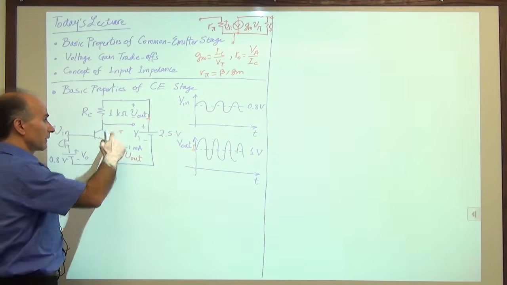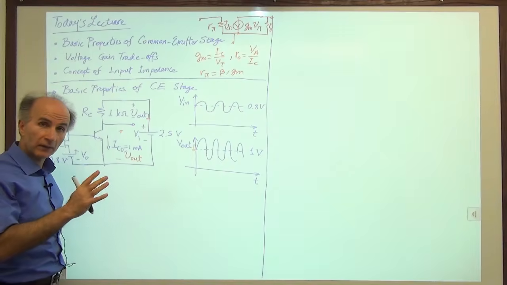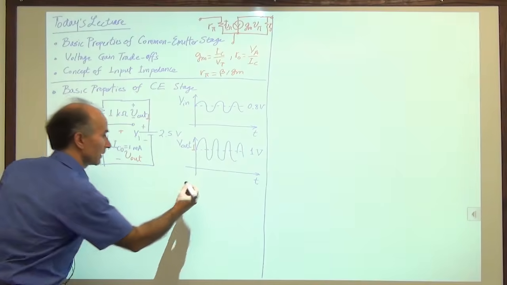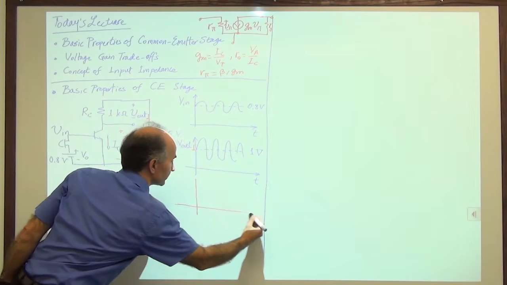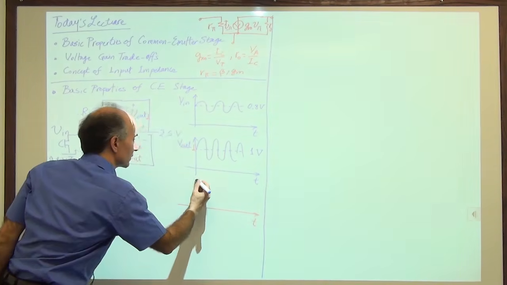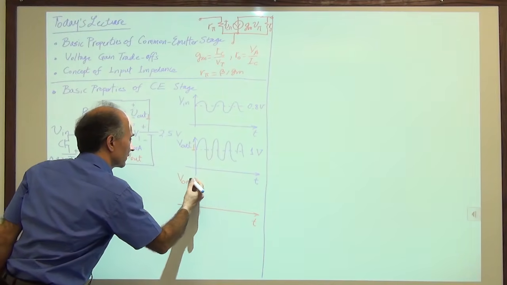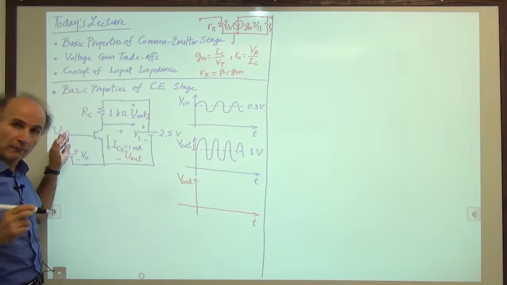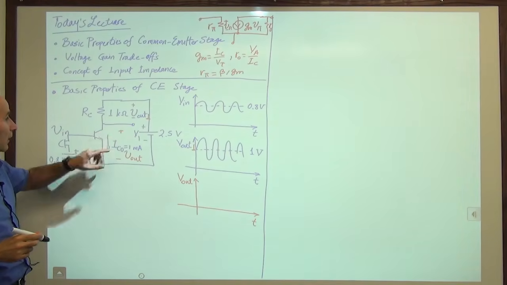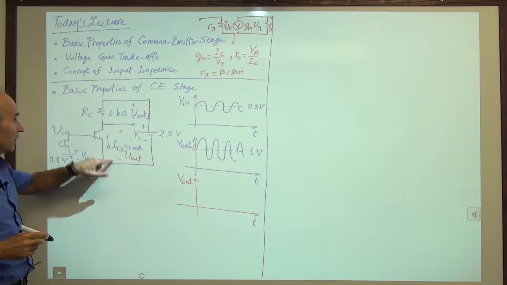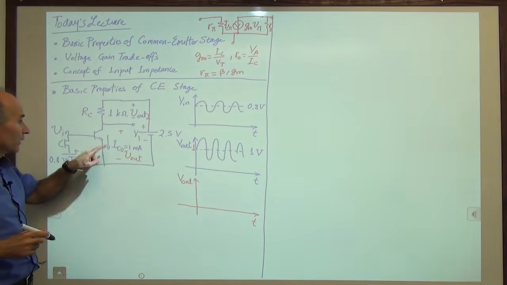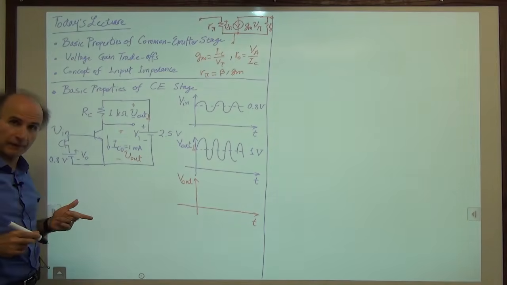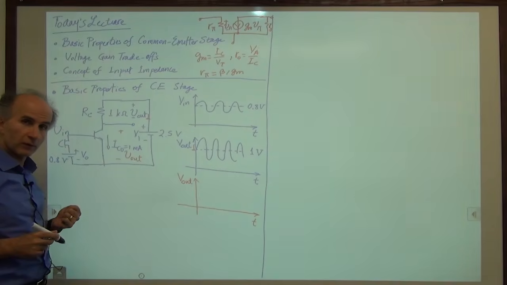So again, let's plot this voltage, including everything, DC, AC, etc., to see what it looks like. So here's that V out. So this V out is the following. Again, no signal. If you have no signal, what happens here? Well, we have 1 milliamp of current coming down through this resistor. How do I find this voltage? This voltage happens to be the collector emitter voltage, right? Okay, how do I find that voltage?